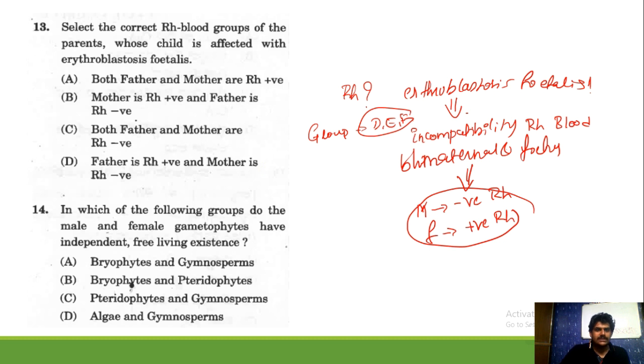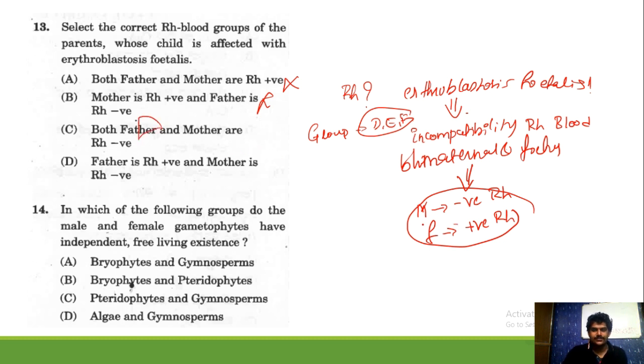Both father and mother are negative? I think it is wrong. Mother is positive? That is wrong, because the mother should always have the negative Rh blood group. Then both father and mother negative? No, because the father is the donor.